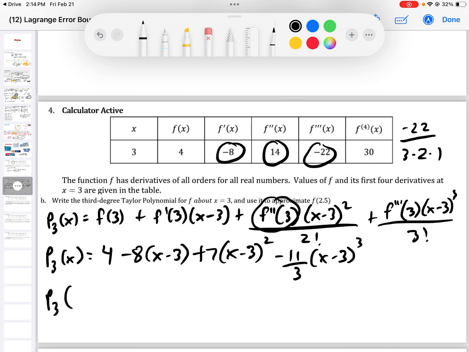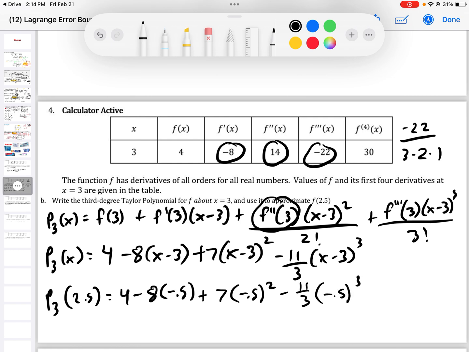And then what do we want it to do? It says calculator active, so I actually want to plug in the number. So P3 at 2.5 would be equal to 4 minus 8 times negative 0.5, so it's 2.5 minus 3, plus 7 times negative 0.5 squared, minus 11 over 3 times negative 0.5 cubed, and that is equal to 10.208.